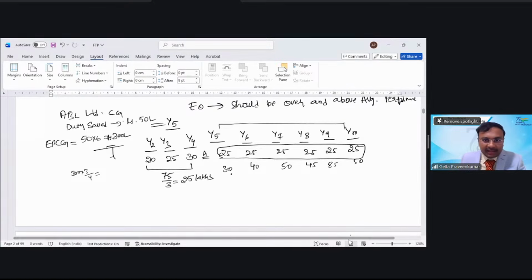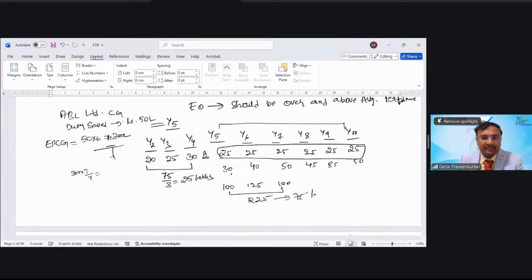Assuming I do 100, 125, 100, adding all these 3, I get 225 lakhs. In the first 3 years, I have attained 75% of the obligation. Then the balance 75 lakh will be condoned. This is what the EPCG scheme talks about.